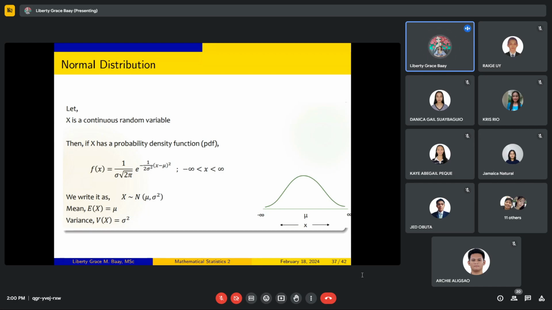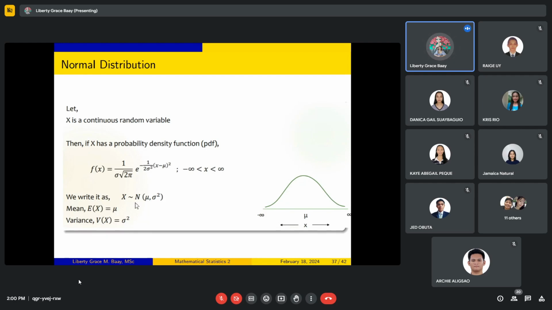Lastly, we have the normal distribution. You are probably familiar with the PDF of the normal distribution, which is 1 over sigma square root of 2 pi, e to the negative 1 over 2 sigma squared times x minus mu squared, where x ranges from negative infinity to positive infinity.